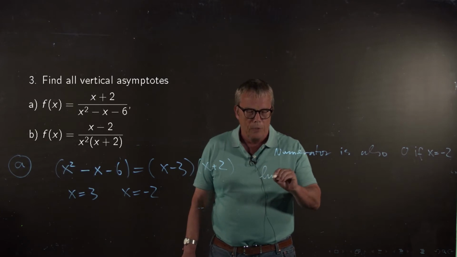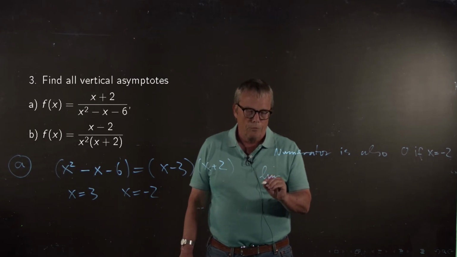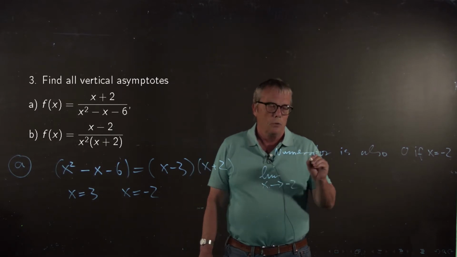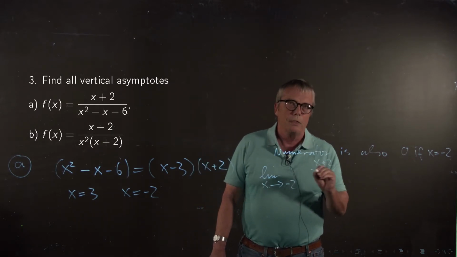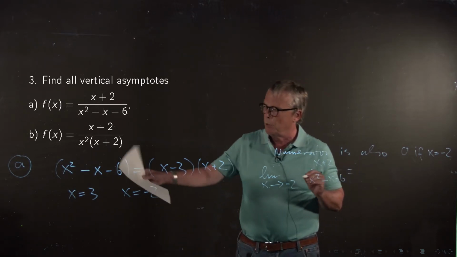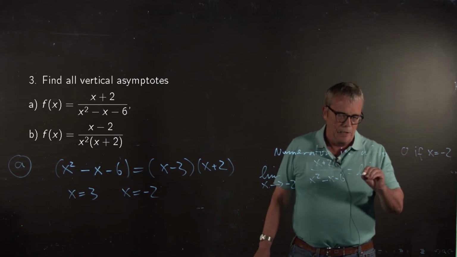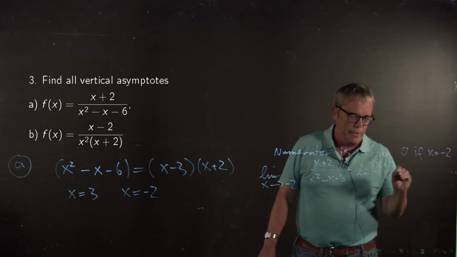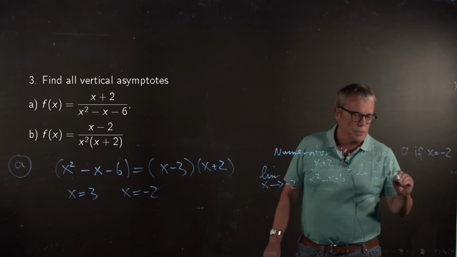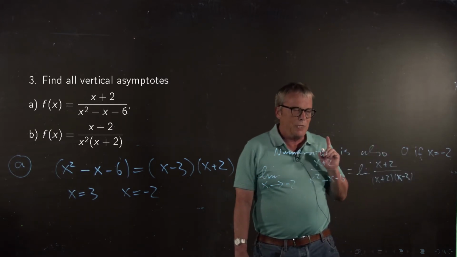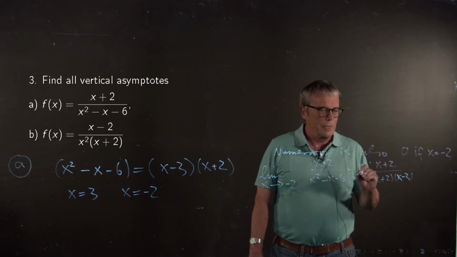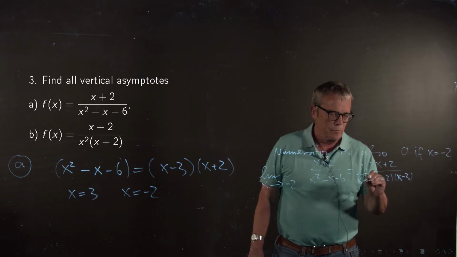We have to compute the limit for x approaching minus 2 of x plus 2 divided by x squared minus x minus 6. And since we already factored this, it is the limit of x plus 2 divided by x plus 2 times x minus 3. And now, since x will never be exactly equal to minus 2, we can cancel this.